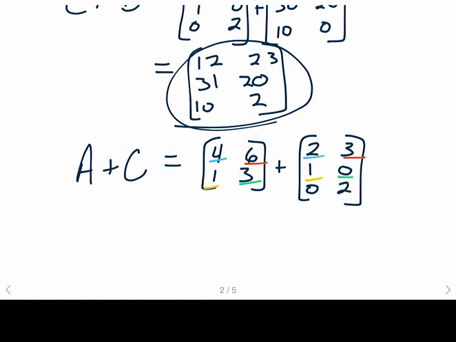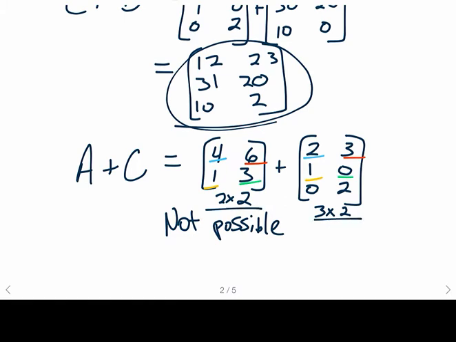But then the 0, 2 at the end of the bottom row of the matrix C has no friends. Therefore, this computation is not possible. A being a 2 by 2 matrix, C being a 3 by 2 matrix, they don't have matching dimensions. In order to add or subtract matrices, the dimensions have to match.